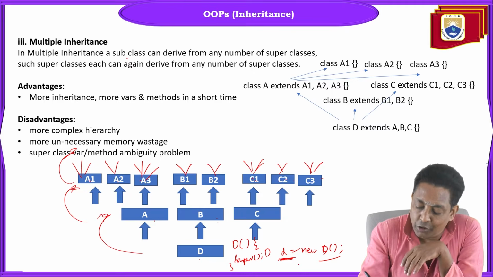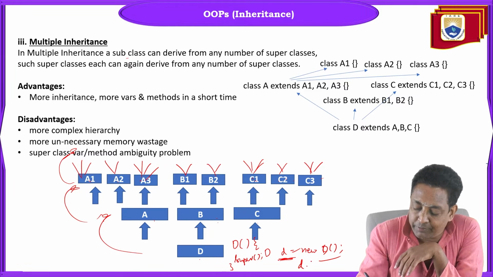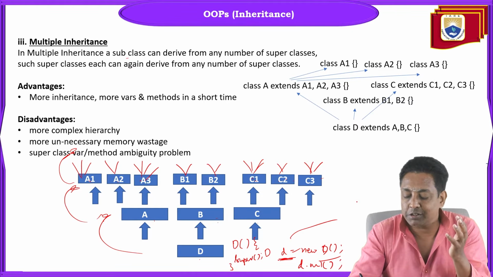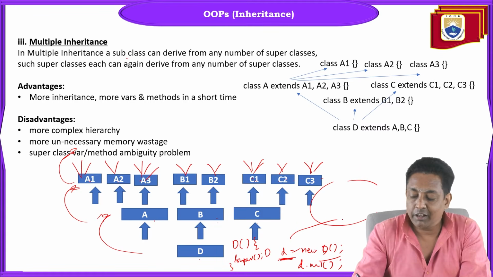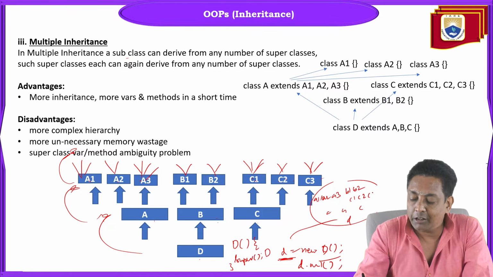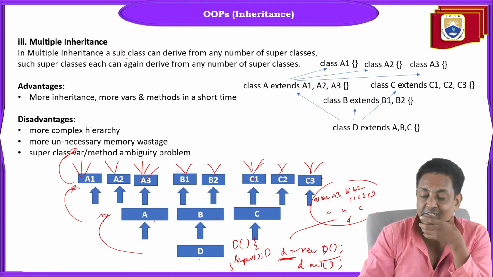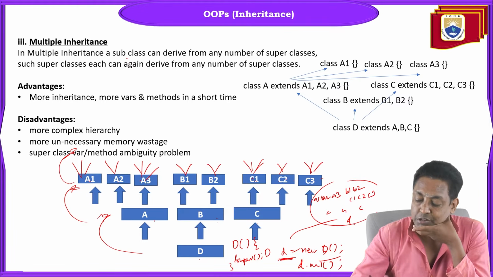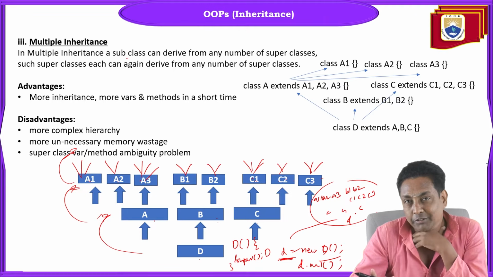After all, to call one method of D class, method 1, you created so many big objects. Here memory exists for D, memory exists for ABC, memory exists for A1, A2, A3 instances, B1, B2, and C1, C2, C3. What is this? These are not variables. These are the objects for which the memory is allocated along with D.